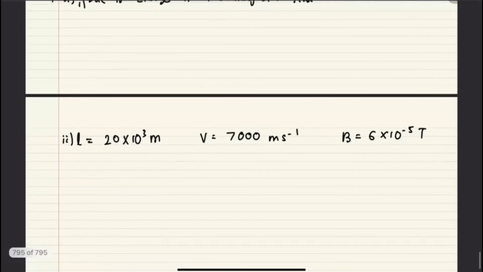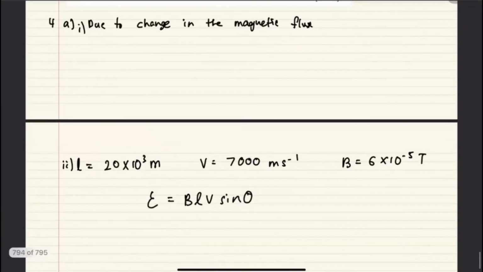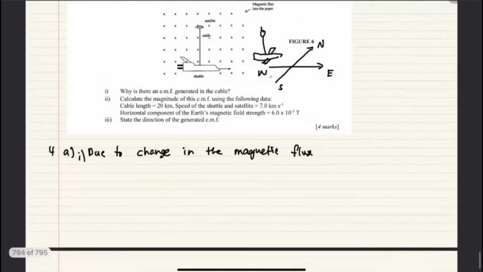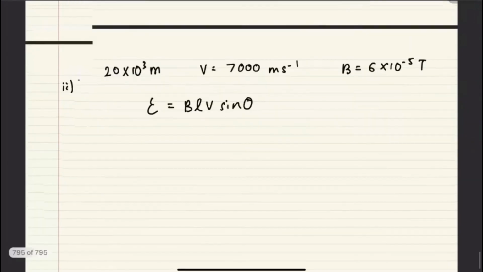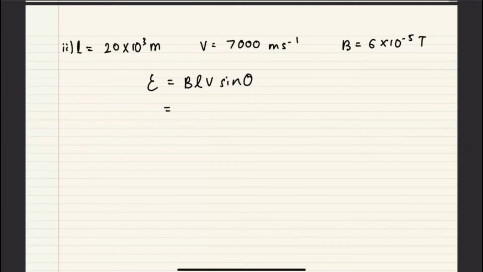So you have to use EMF equals to BLV sin theta, where theta itu adalah angle between B dengan V. So B dia ke sana dan V kamu ke sini. So angle dia berapa? 90. Yes, sin 90 degrees.